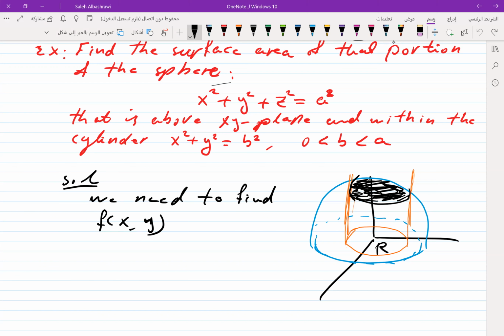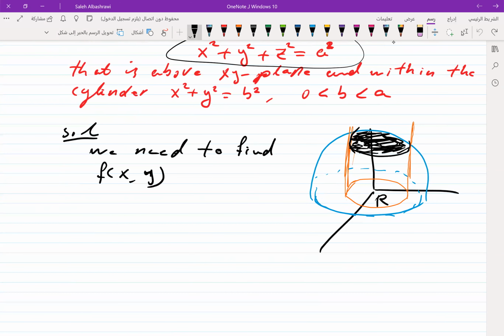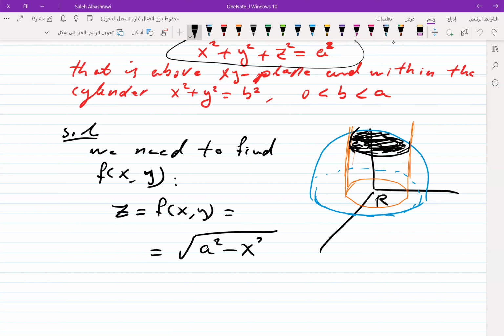This will be given by the sphere. We write z as a function of x, y. So z is equal to f of x, y, which is equal to the square root of a squared minus x squared minus y squared.